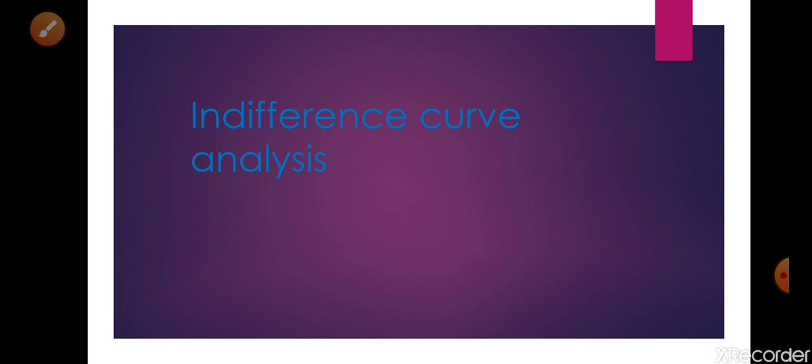Here the consumer is consuming two commodities with a given income or given limitations. That was production, and here it is consumption. That was concave, and this is convex. We'll discuss these things one by one.